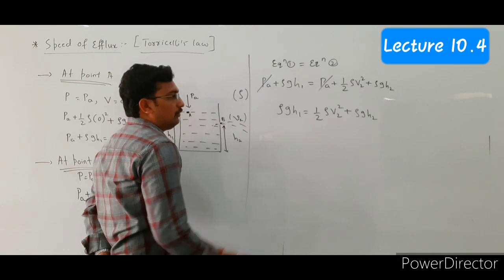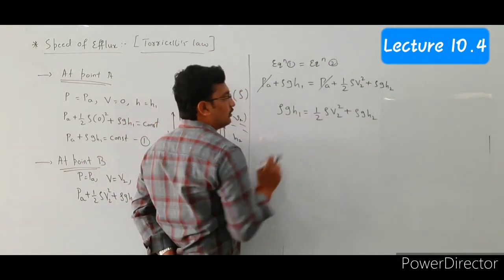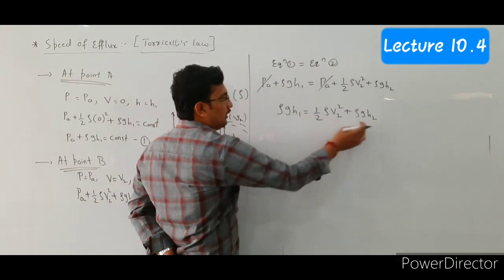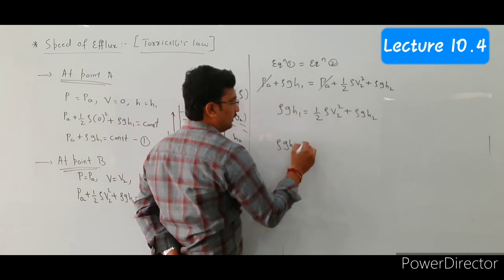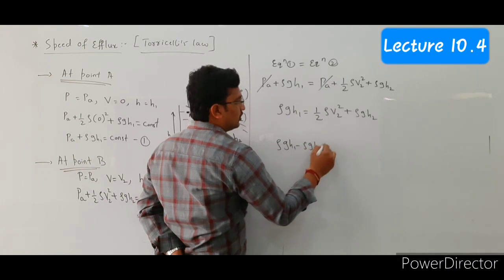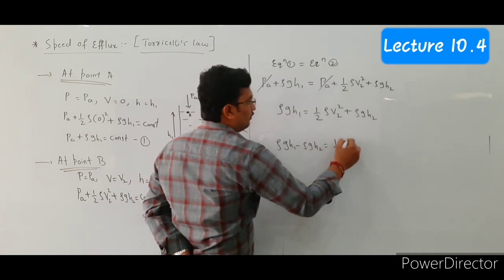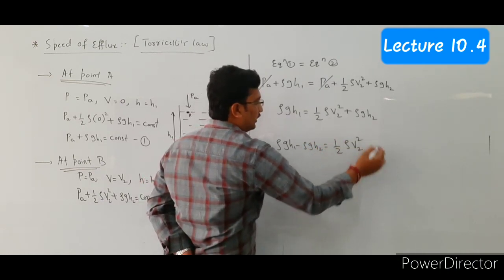Here we want the V2 value, so simplify this equation. Take this term to this side: rho g h1 minus rho g h2 is equal to 1 by 2 rho V2 square.